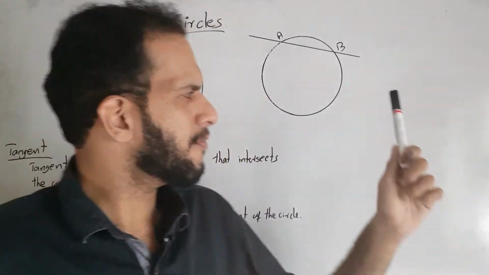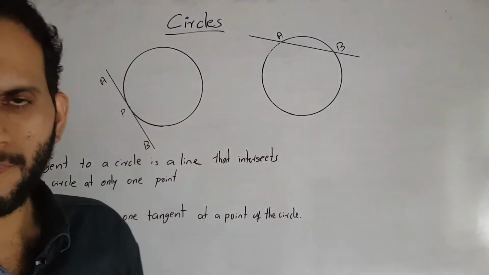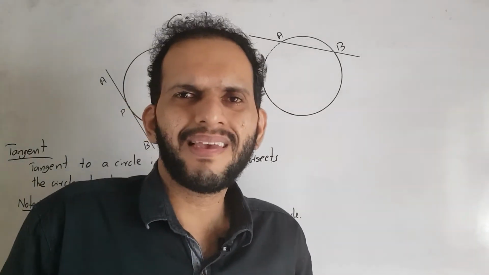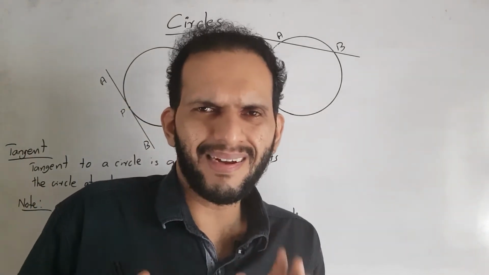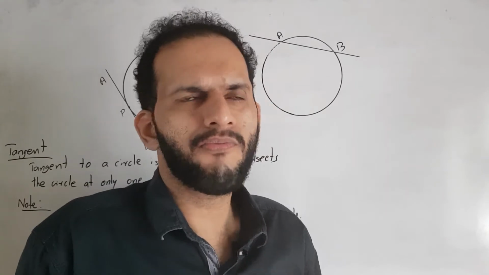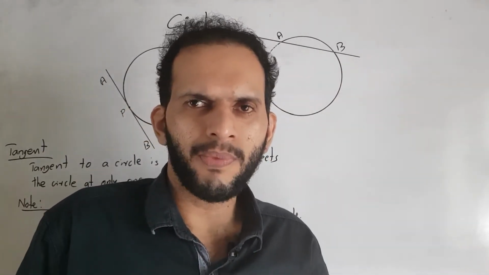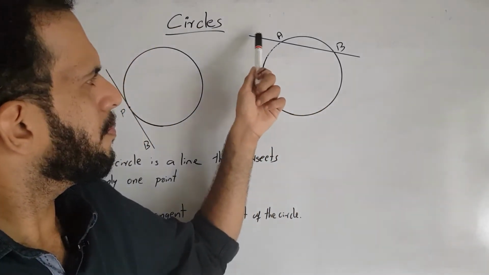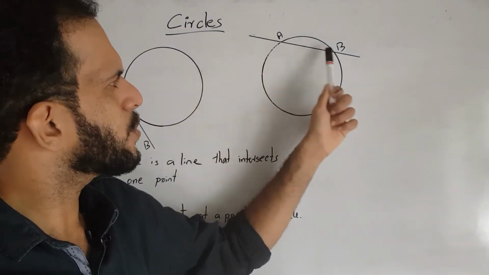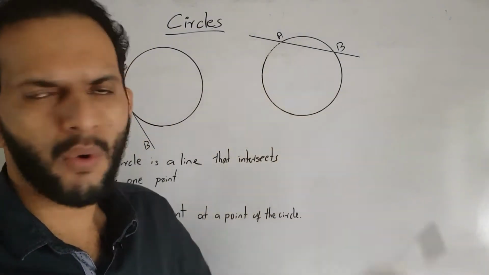Then what is the difference between secant and tangent? A tangent is a special case of a secant. When the line meets the circle at 2 points, this is called the chord, correct?